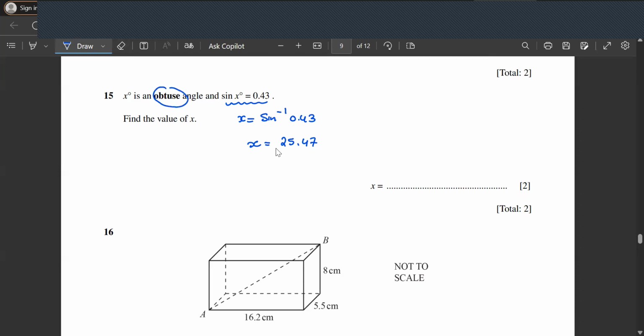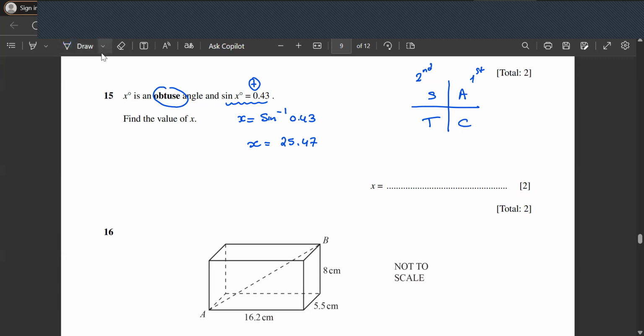So what should I do? Subtract it from 180. Who can tell me why especially subtract from 180? Because we all know that according to the CAST rule, the sine is positive in two quadrants: the first one and the second one.